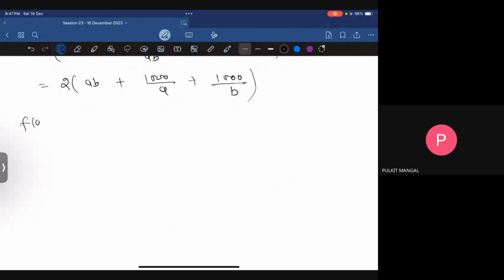So I can define my function of a comma b as 2ab plus 2000 by a plus 2000 by b. If I'm going to take my partial derivative with respect to a, what would it be?